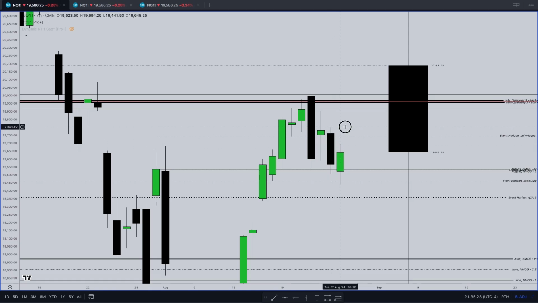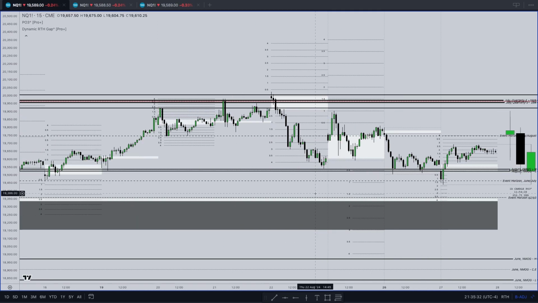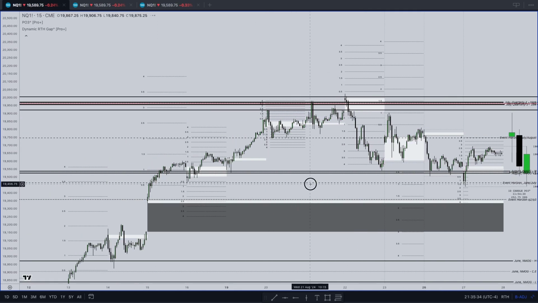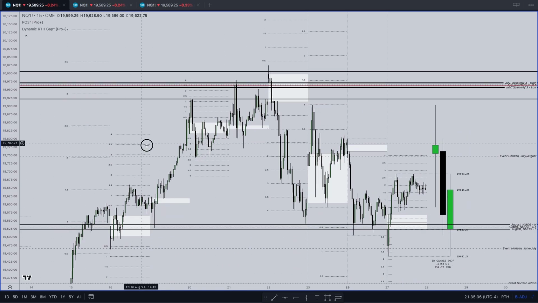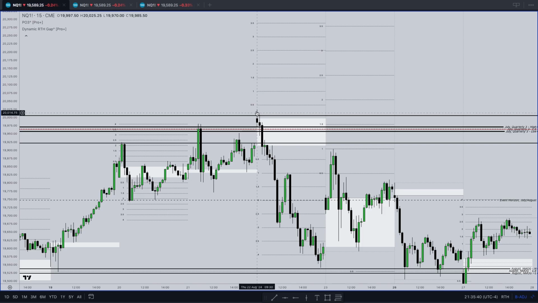Okay, so now let's move on to the 15 minute chart, and this is what I told you. This is the trade that I took about here. I was using this breaker as an inversion on lower time frames.